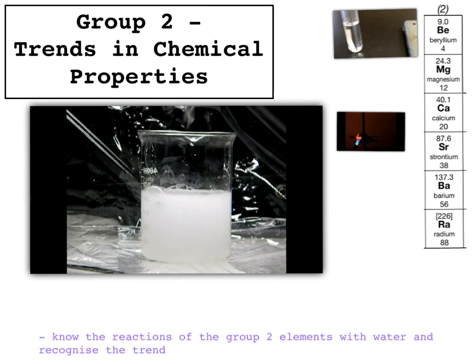You can see it's very cloudy, lots of hydrogen being formed, and you can see the reactivity of the alkaline earth metals with water is getting greater down the group.